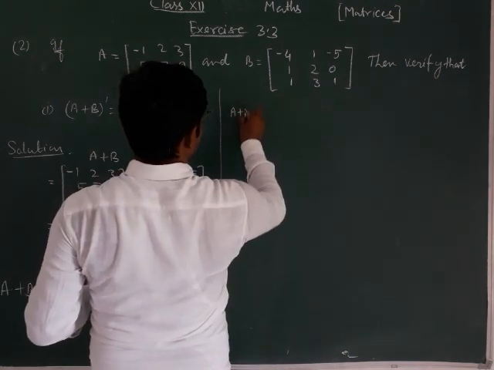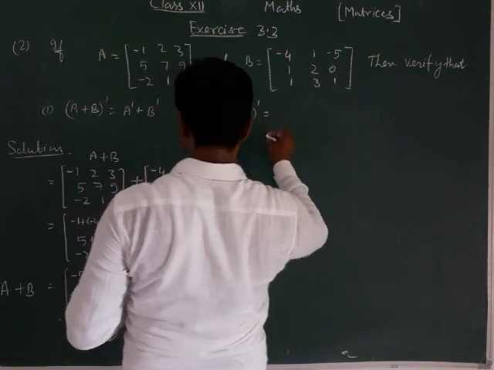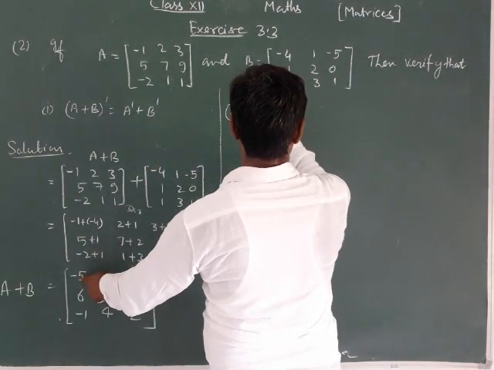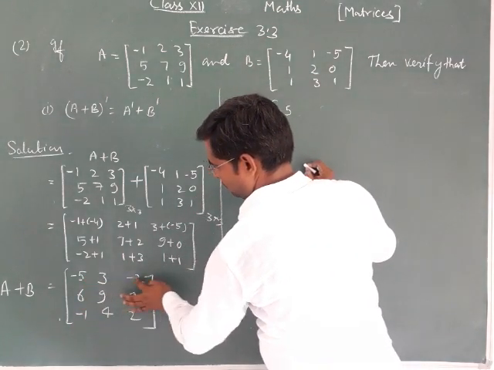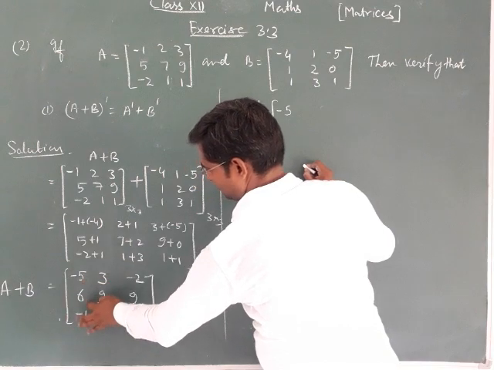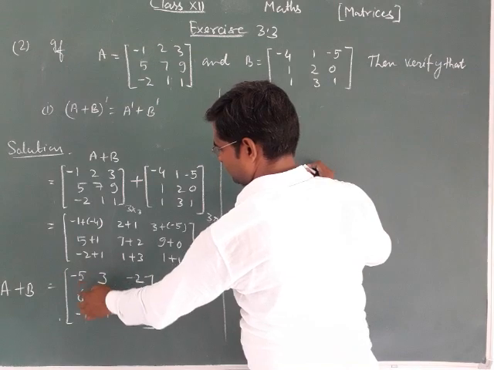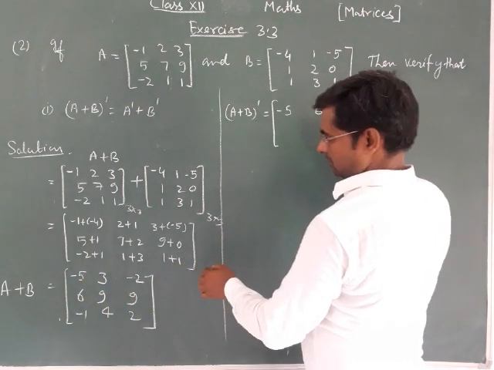A plus B transpose is equal to, now change row to column. So minus 5, so this is a row and this is a column. So elements of row change to column, column to row. So minus 5, 6 and minus 1.